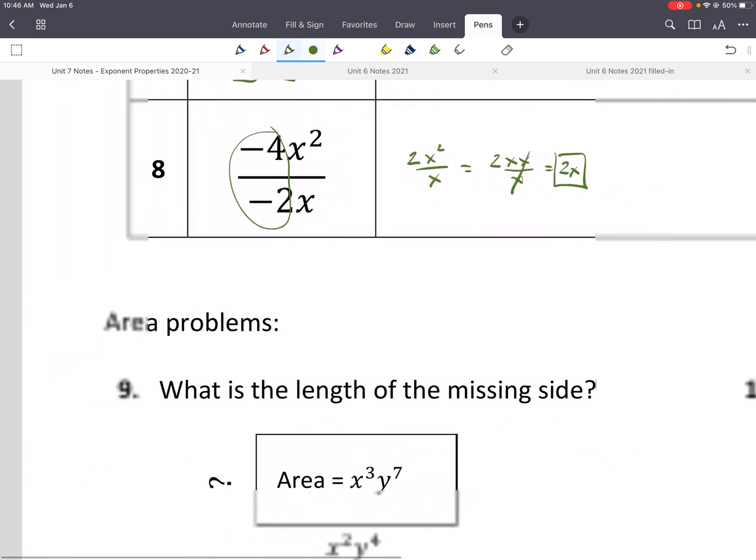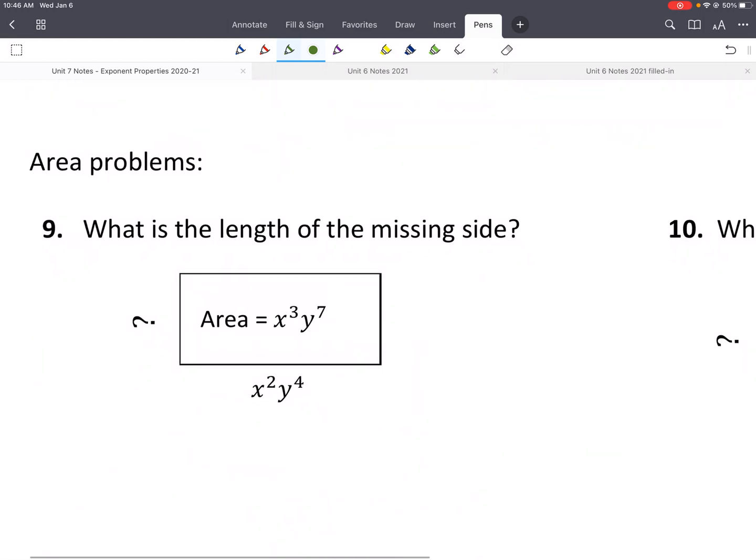All right. And then this is kind of like when we did before, but now we're trying to find a missing side. We're going to use the same area equation. Area is equal to length times width. Okay, here they give you the area, and they give you maybe the length.